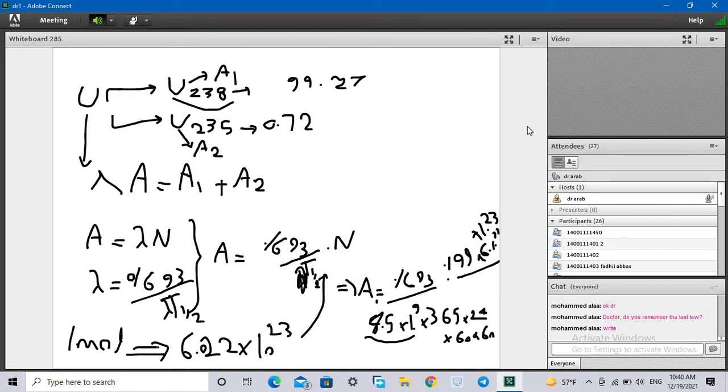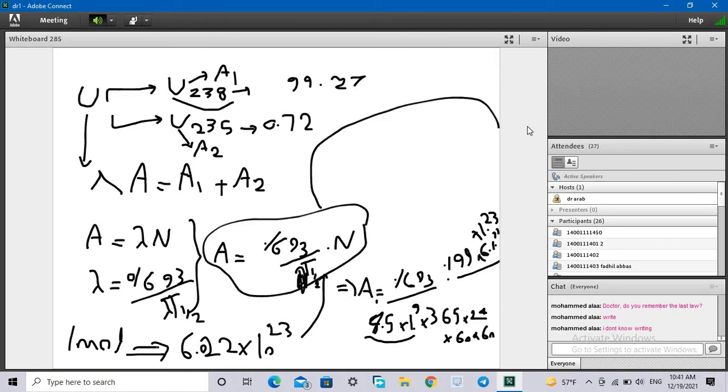For activity we have the equation activity equals lambda multiplied by N, and for lambda we have this equation. By combining them we reach this equation. This equation is very important to know. If you want, I can write it again.